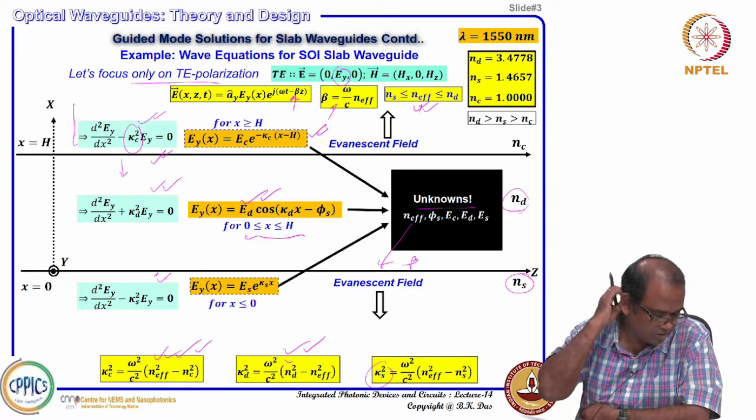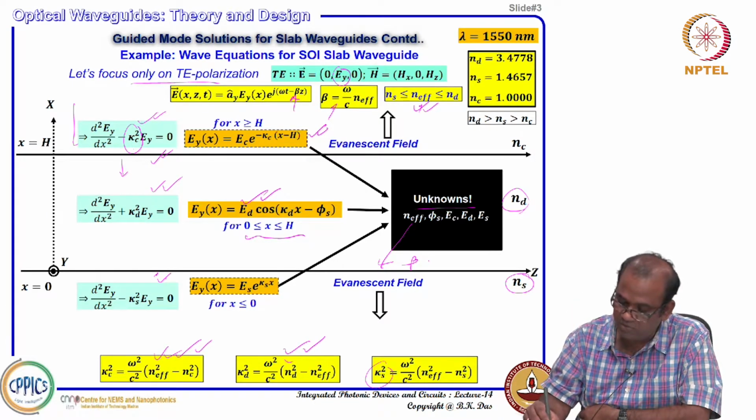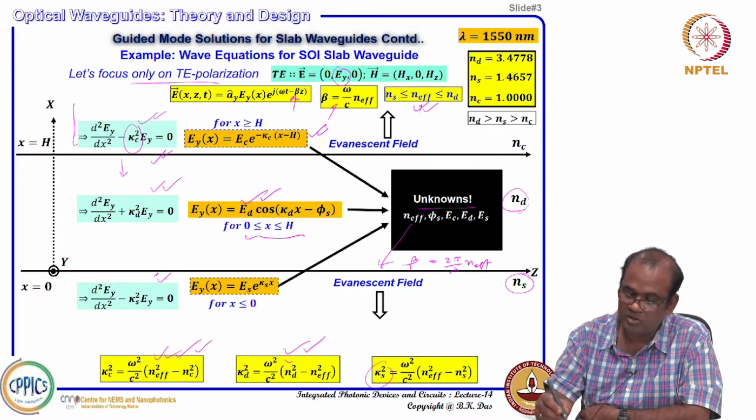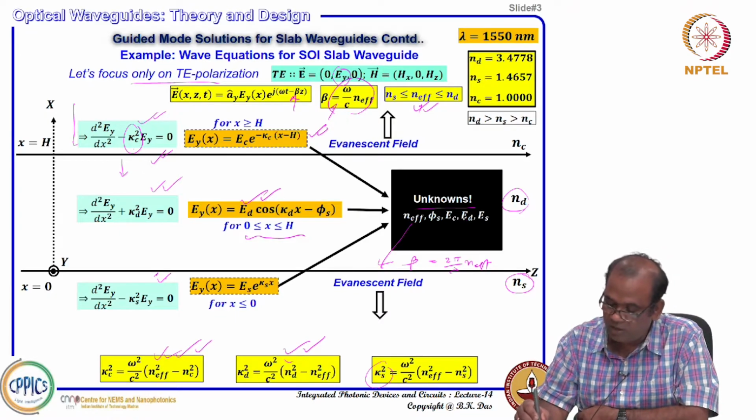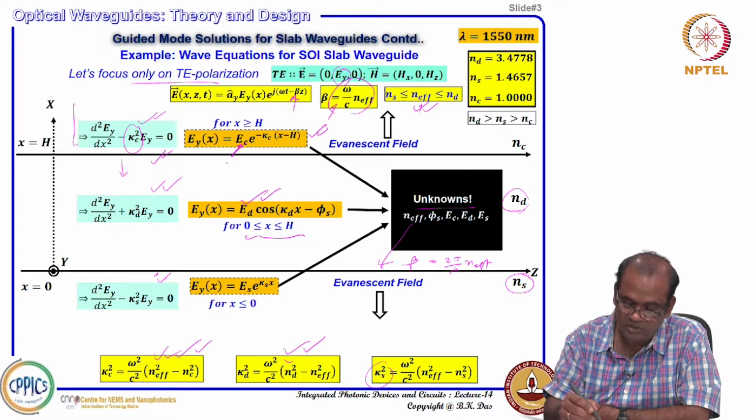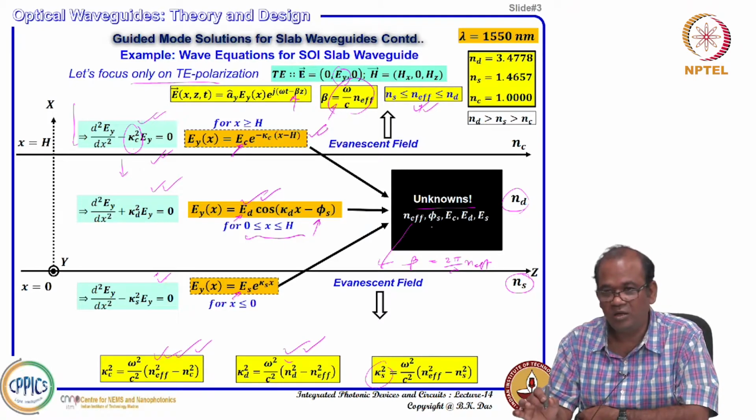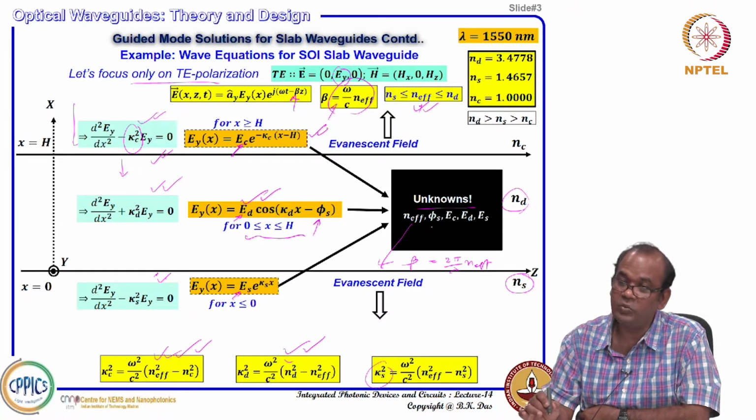Beta is equal to 2 pi by lambda times n effective, or omega by c times n effective. And we have considered EC here, ED here, ES here, just constants, and along with that we have phi s. So, all these things are unknown to us, and we need to know how to evaluate them.